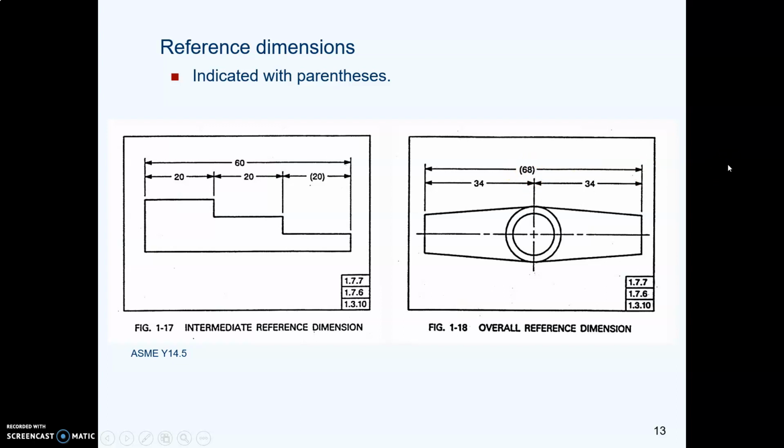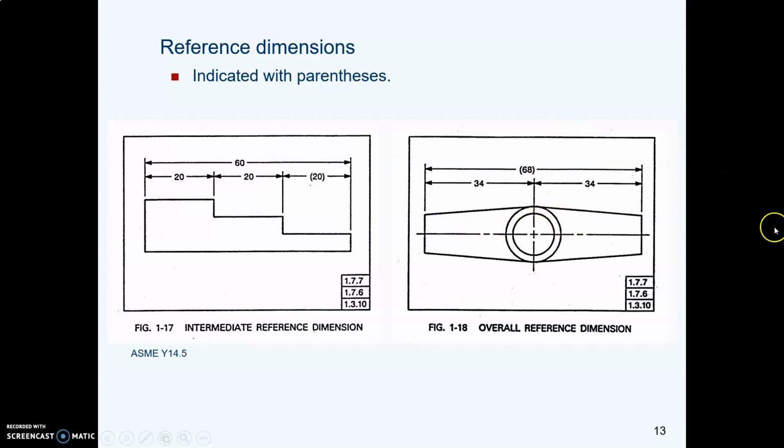And what that reference dimension means is no one is allowed to manufacture to that dimension, and no inspector is allowed to inspect that dimension. It is only there for their reference. It's to be helpful. It's extra information for their reference, but we cannot hold anything to it.